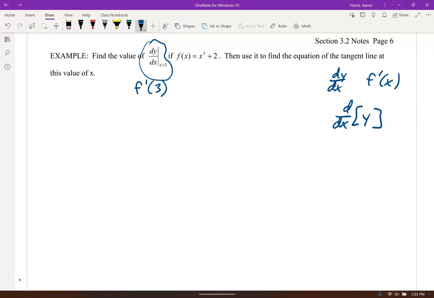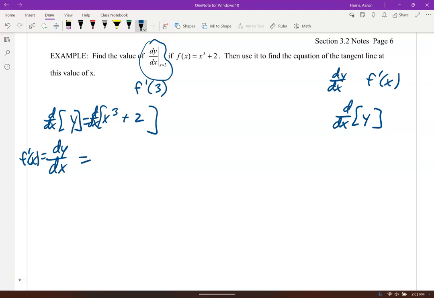So what we have here is y being x cubed plus 2. I'm going to run the derivative with respect to x here. So I have dy dx, which is f prime of x, the same thing. Well, the derivative is the limit as h goes to 0 of f of x plus h minus f of x all over h.